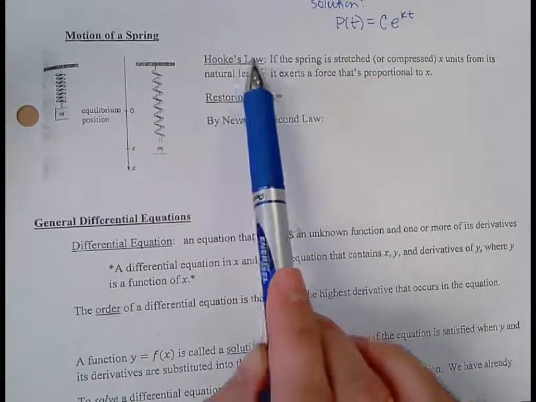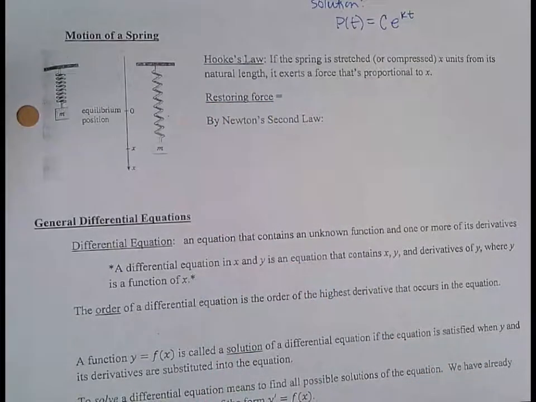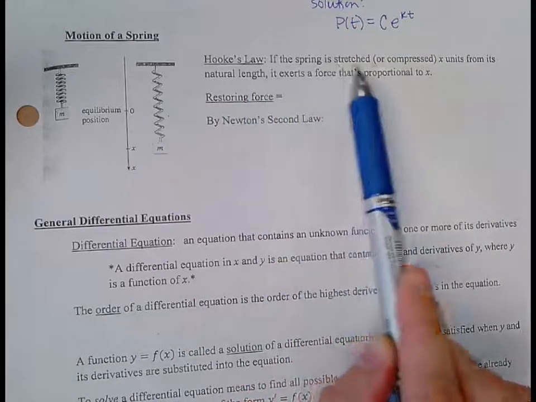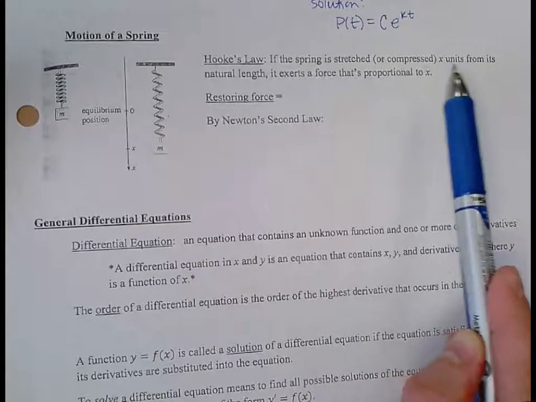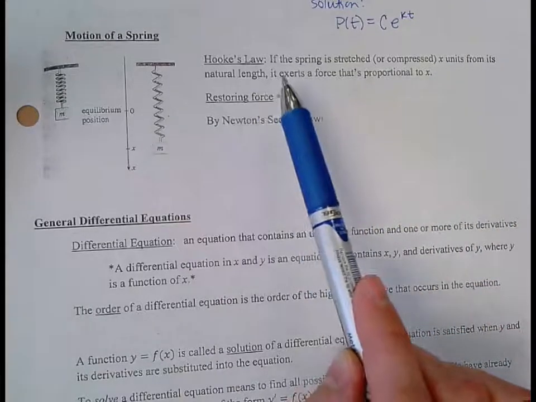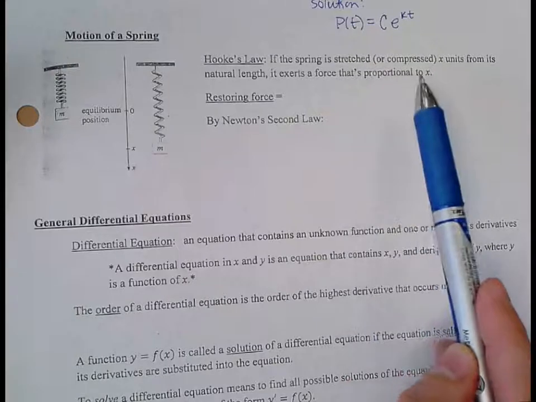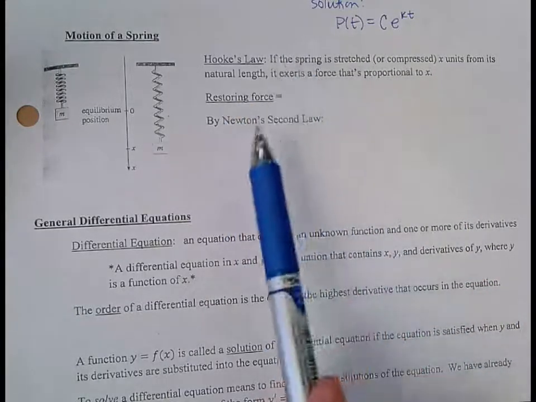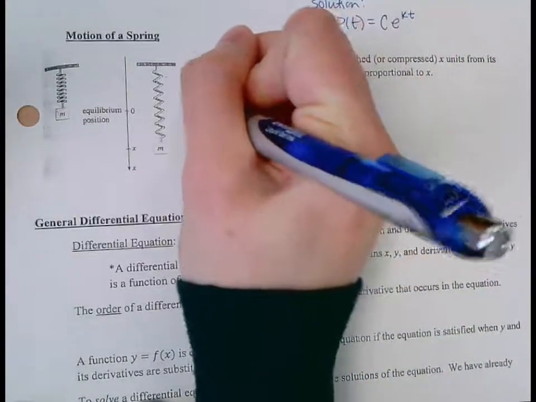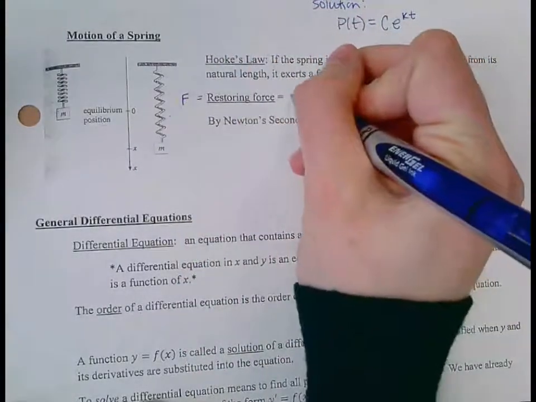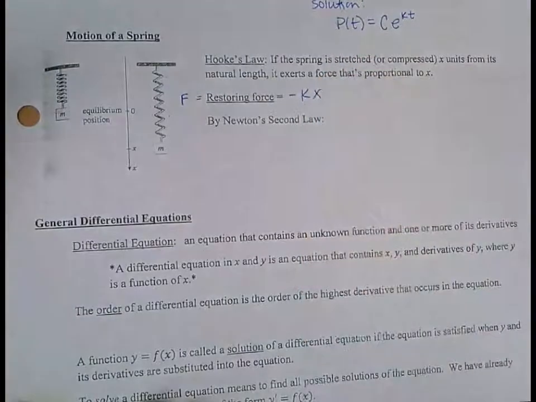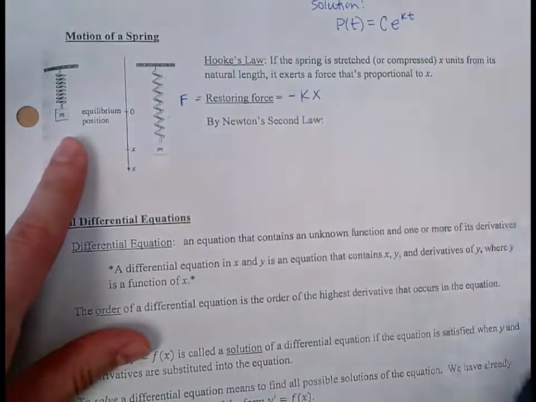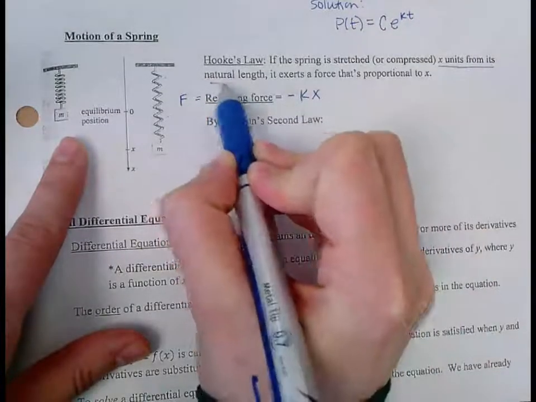So this says by Hooke's law, which you don't need to know in this class, if the spring is stretched or compressed x units from its natural length, it exerts a force that's proportional to x. So the formula that goes along with Hooke's law, the restoring force, which we could call F, is equal to negative k times x. So x here is actually representing its x units from its natural length.